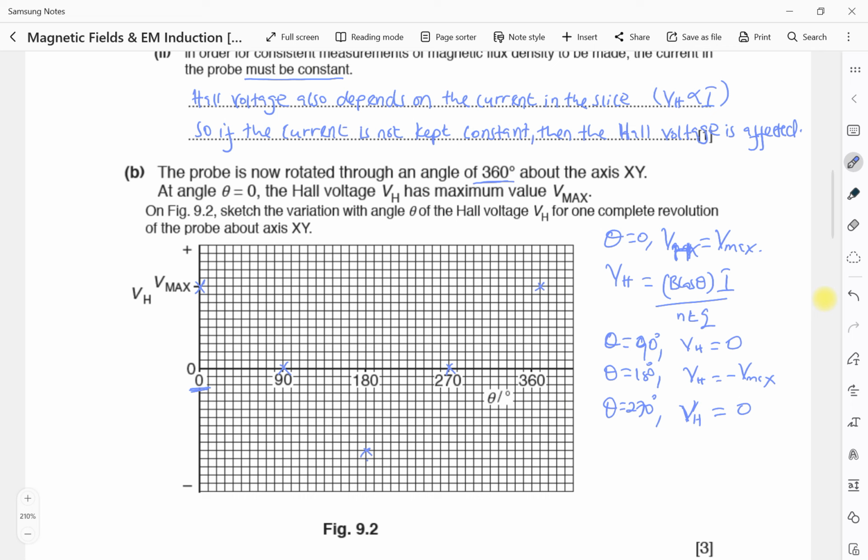Then for theta equals 360 degrees, cos of 360 degrees is 1, so V_H is again going to be positive V_max. So the graph is going to take this shape. You can draw a better graph, but I think it takes that shape.